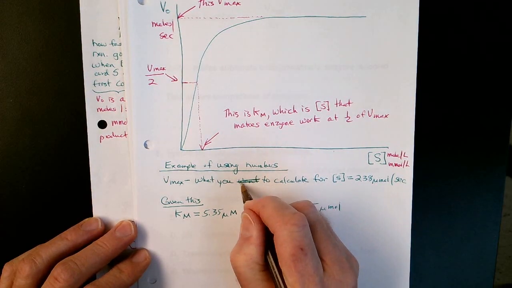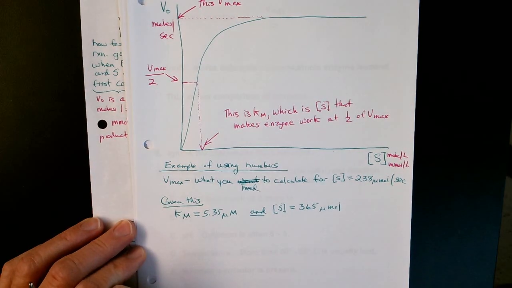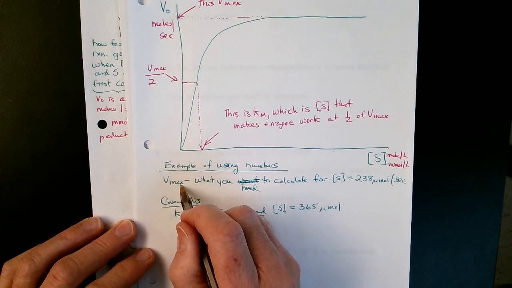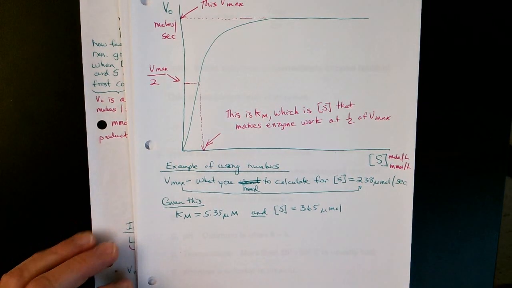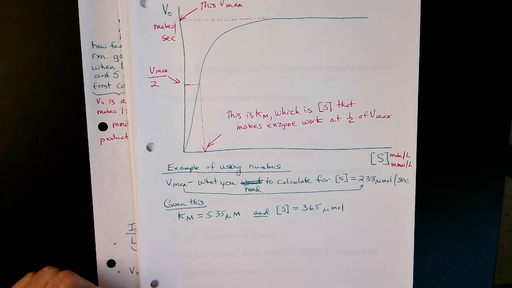Vmax we're going to define as 2.38 micromolar per second.